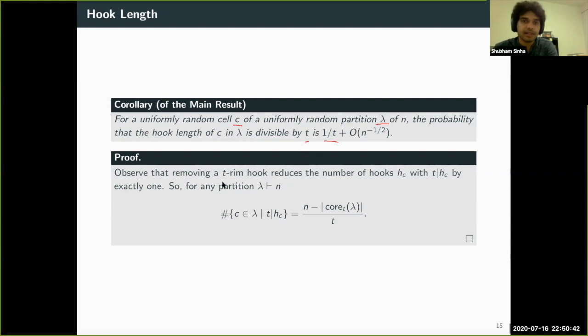This fact is based on a simple observation that the number of hooks which are divisible by t decreases by exactly 1 when you remove a t-rim hook. So for any partition lambda, the number of cells whose hook length is divisible by t is exactly (n minus the size of the t-core of lambda) over t. And as this quantity in expectation grows as square root n, when you divide by n, it converges to 1 over t.